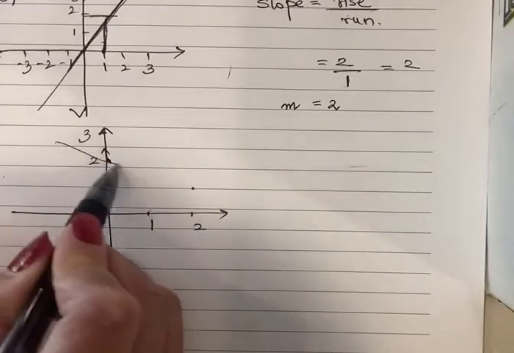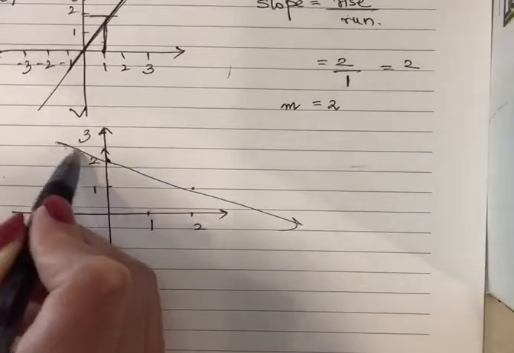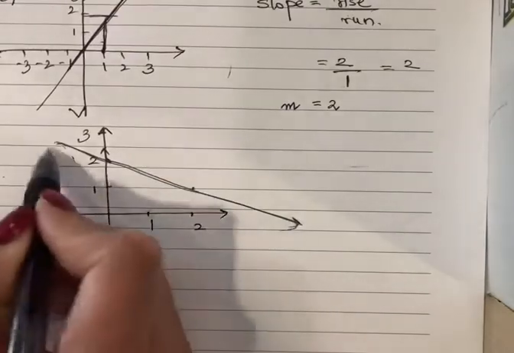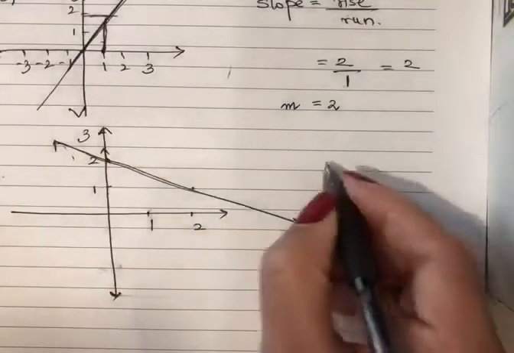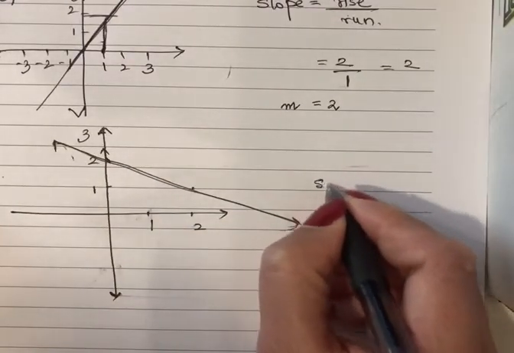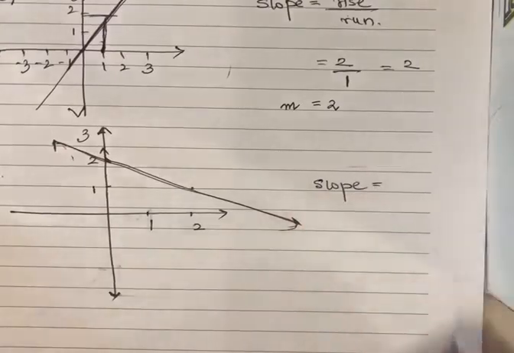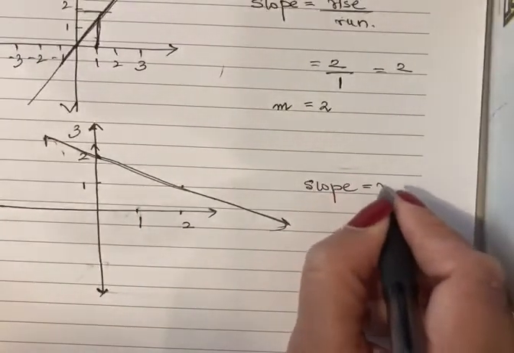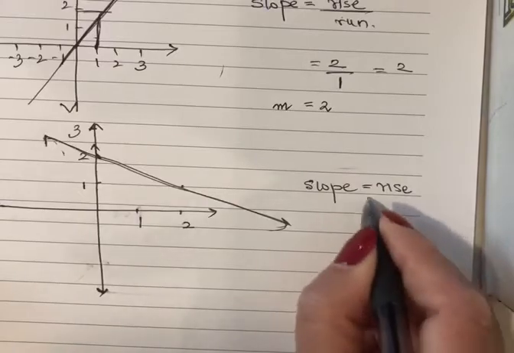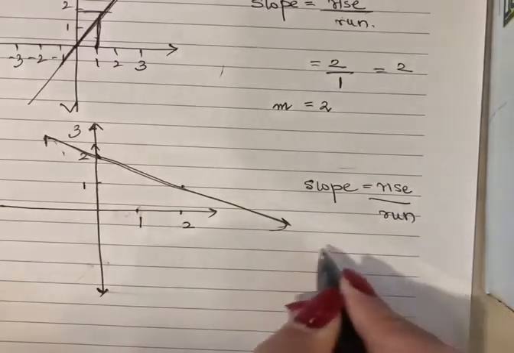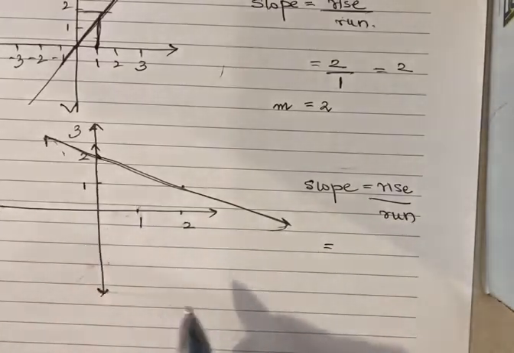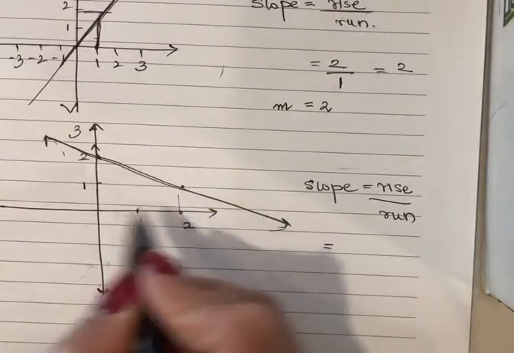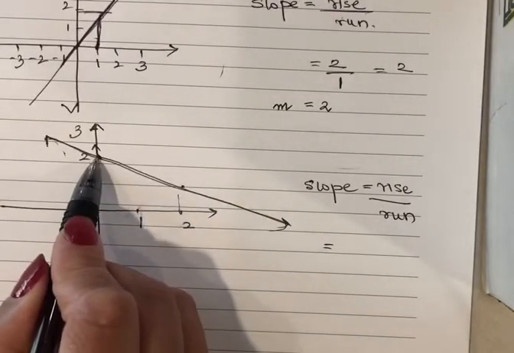So this is the line that we are looking at. Now again by the same definition, slope is rise over run. In this case you again have to take a starting point. I would take the starting point over here.